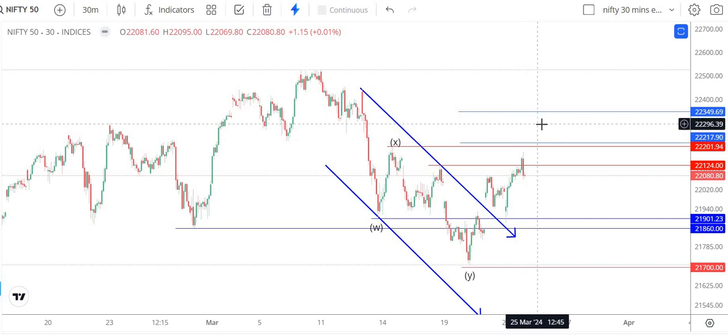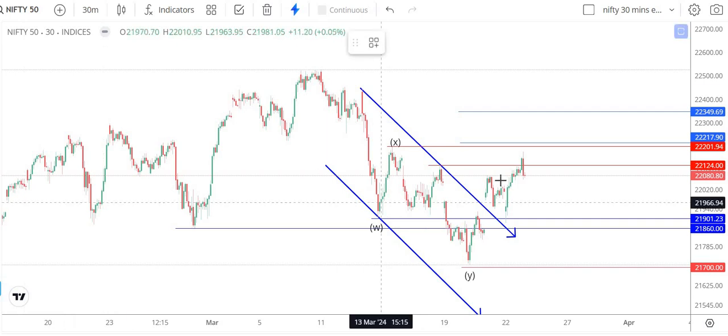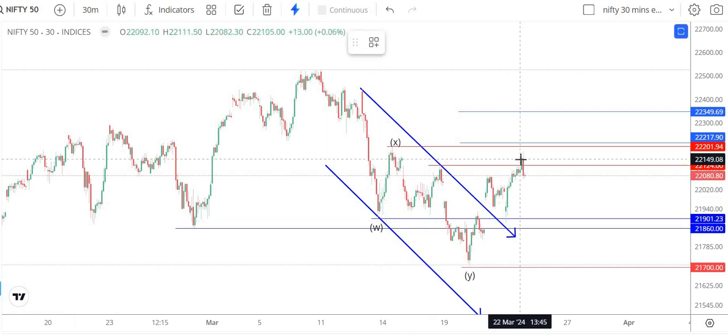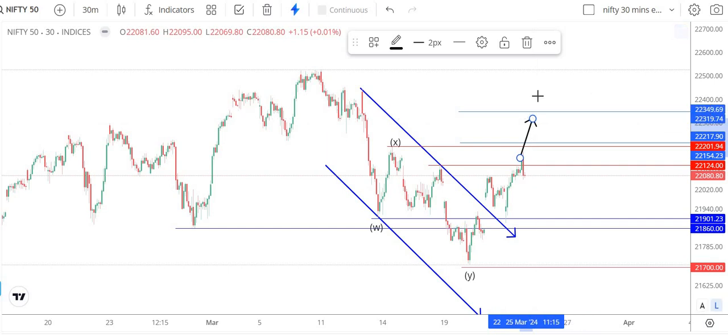Maybe gap up here, again profit booking sometimes, but I can't suggest, sorry, I'm not a SEBI registered advisor, because I won't do any long in this zone till here.